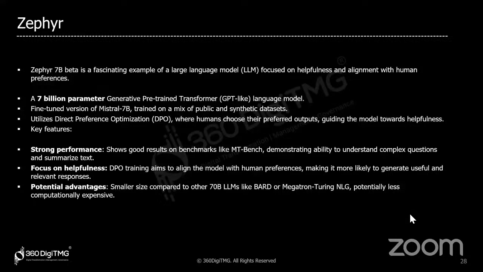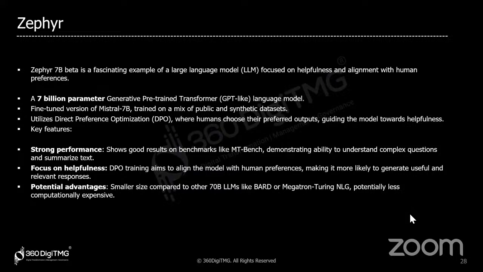Then there is Cypher. Cypher 7B beta is a fascinating example of an LLM focused on helpfulness and alignment with human preferences. It has 7 billion parameters. It is a generative pre-trained transformer, GPT, like language model.